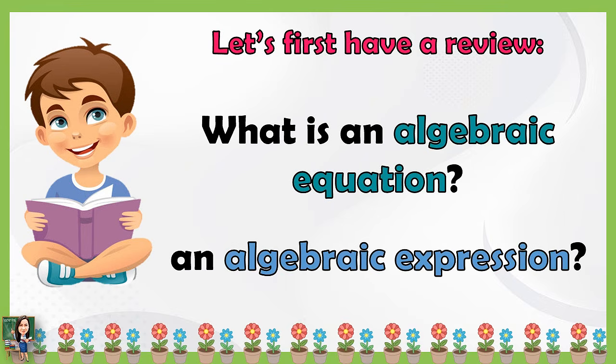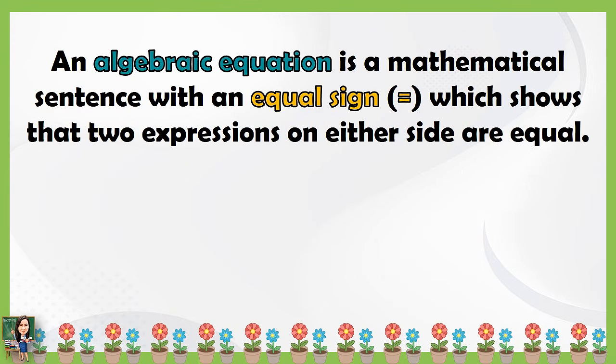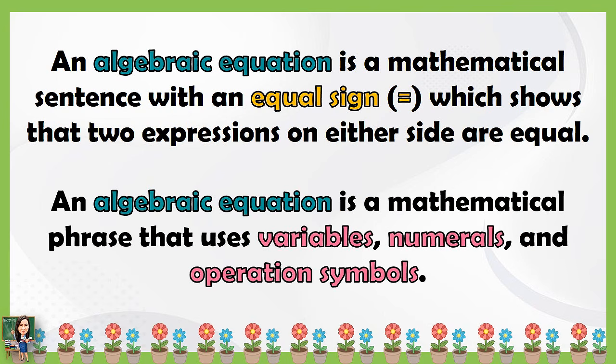And what is an algebraic expression? An algebraic equation is a mathematical sentence with an equal sign, which shows that two expressions on either side are equal. An algebraic expression is a mathematical phrase that uses variables, numerals, and operation symbols.